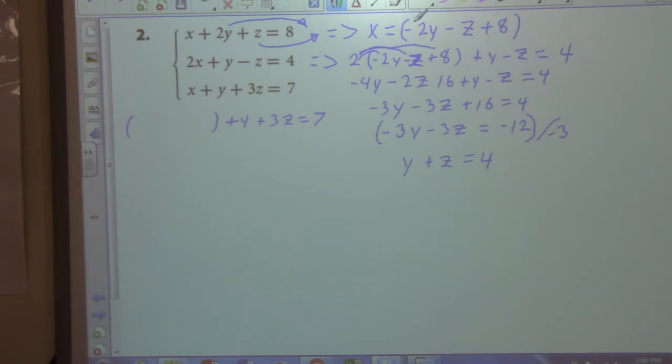This value of x here, right? So negative 2y minus z plus 8.